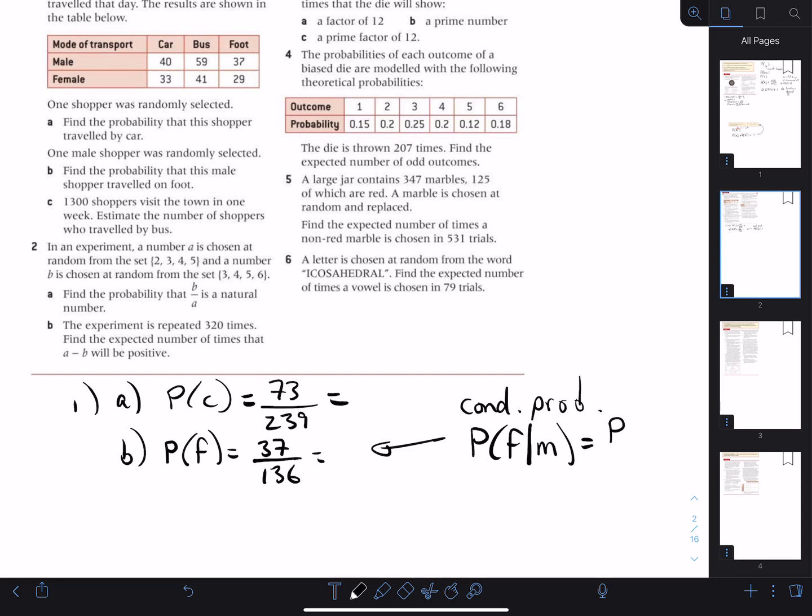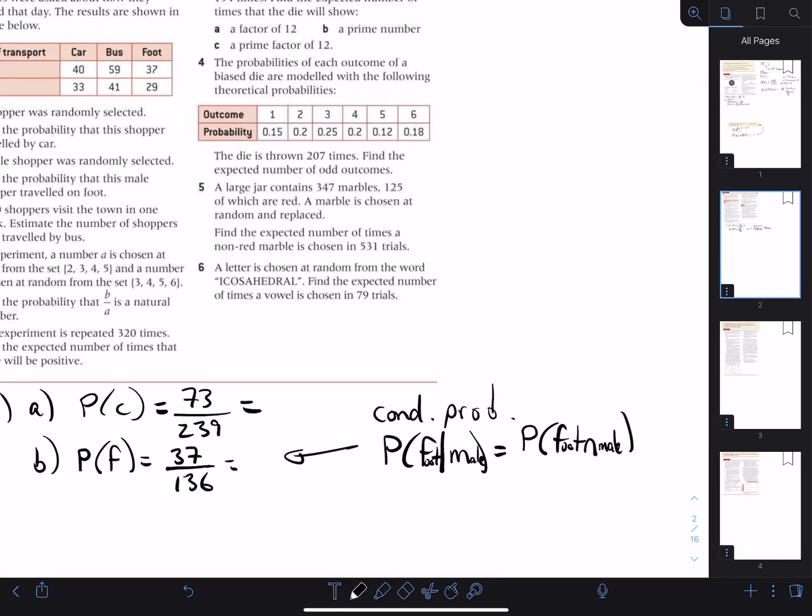It can be simplified to, you look for the probability that they're on foot and male, divided by the probability that they're male.